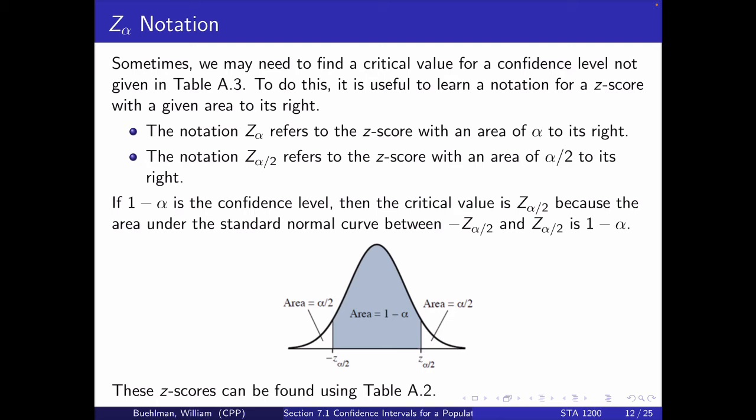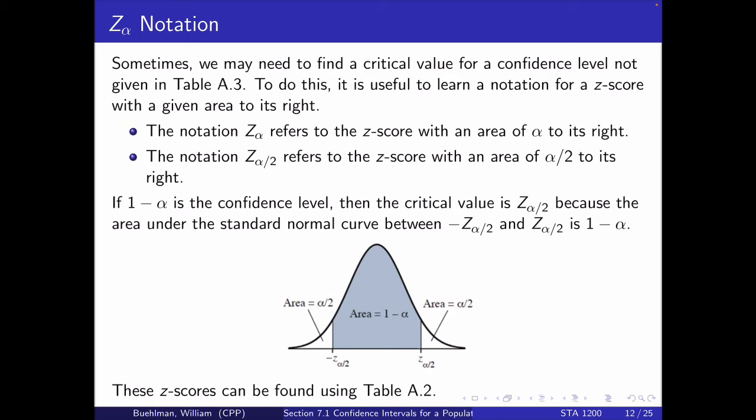The notation z sub alpha/2 refers to the z-score with an area of alpha/2 to its right. If 1 minus alpha is the confidence level, then the critical value is z sub alpha/2, because the area under the standard normal curve between negative z sub alpha/2 and positive z sub alpha/2 is 1 minus alpha.